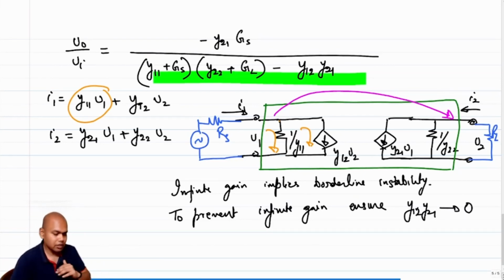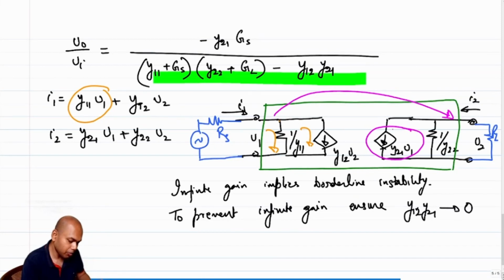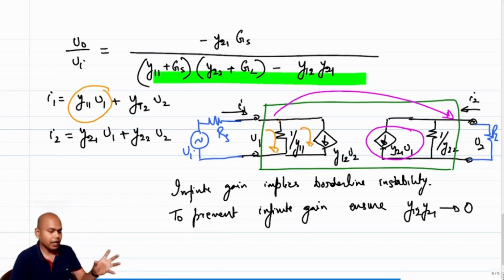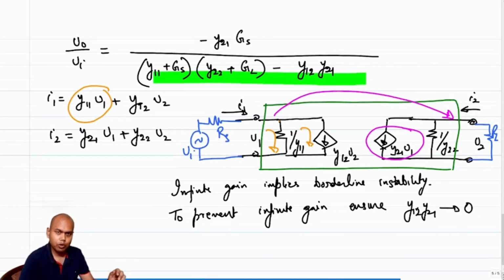Note that this transference is happening through this critical element y21, right? When you are applying a Vi, it is generating some voltage across the port V1, and your port 2 is getting excited because the control current source at port 2 is sensing that voltage V1 and creating a current which it is using to excite the output resistance, right?